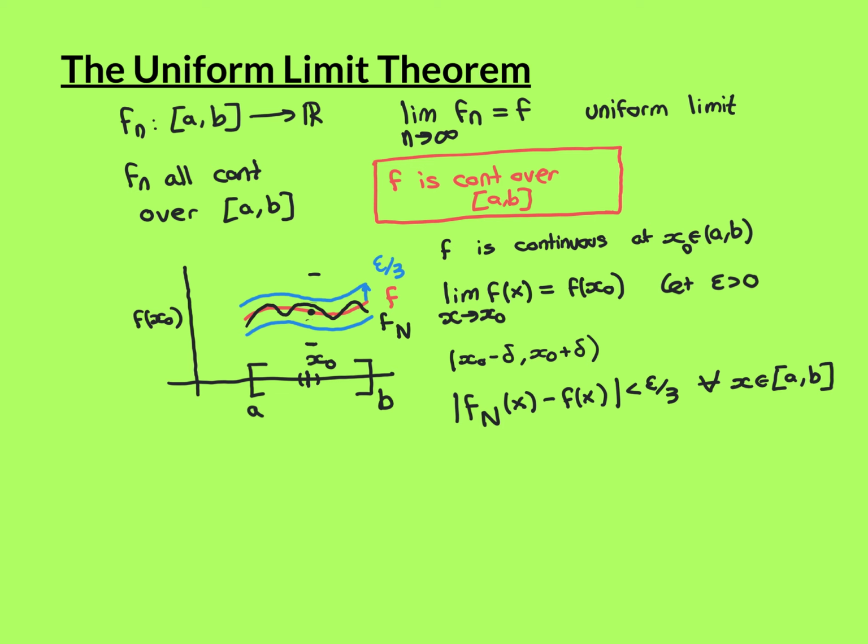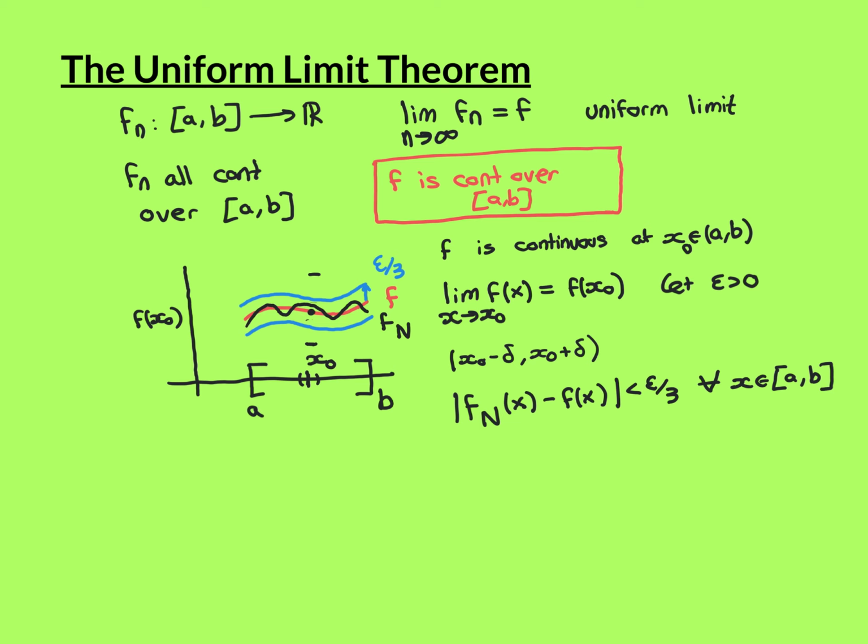So it's now representing epsilon over 3 better. I've also added on here f big N, so I can find this function in my sequence such that it's entirely contained within that blue tube of interval size epsilon over 3 around my limit f.